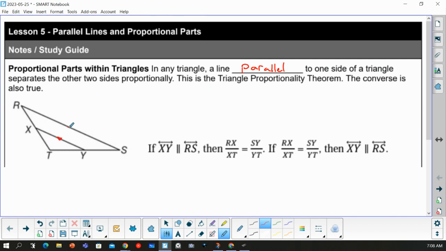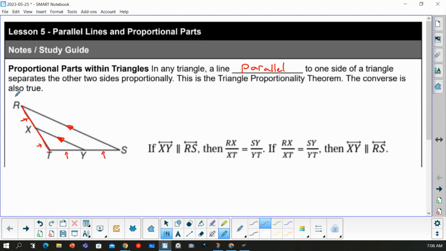is parallel to RS. And if you remember, this is the way we notate parallel lines in a diagram, with these arrows or triangles, whatever you want to call them. When these are parallel, they're going to cut off these sides proportionally. So we're talking about here and here, this little segment here, and this segment there. So notice RX is right here, XT.